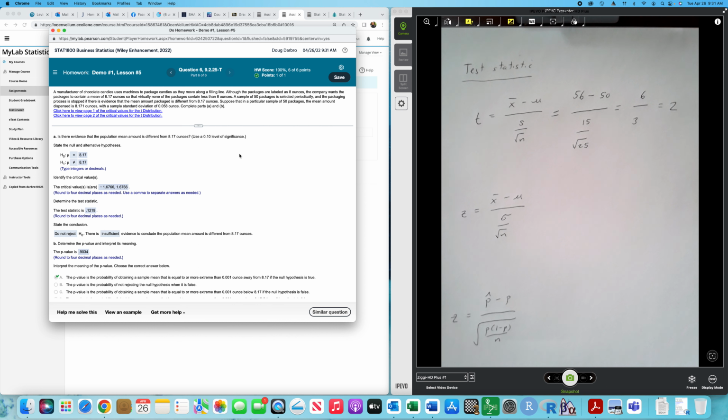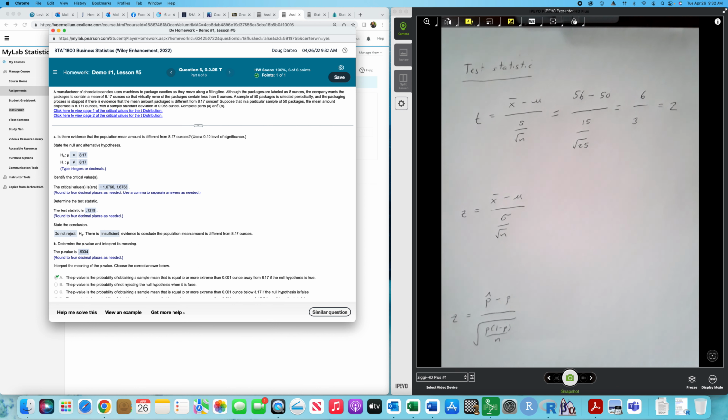All right, so a manufacturer of chocolate candies, just pause the video and read that. So there's a claim that the packages are labeled 8 ounces, and the company wants the packages to contain 8.17 ounces, so they're going to give the customer a little bit more than what they think they're getting.